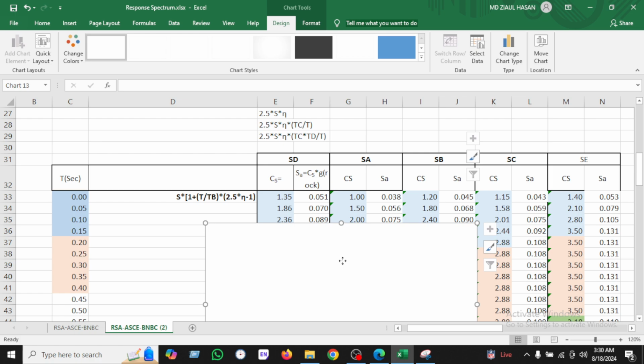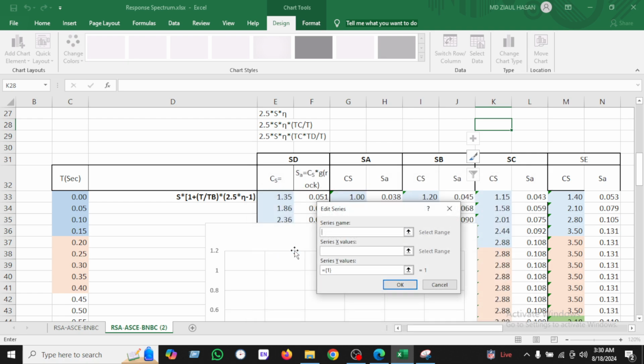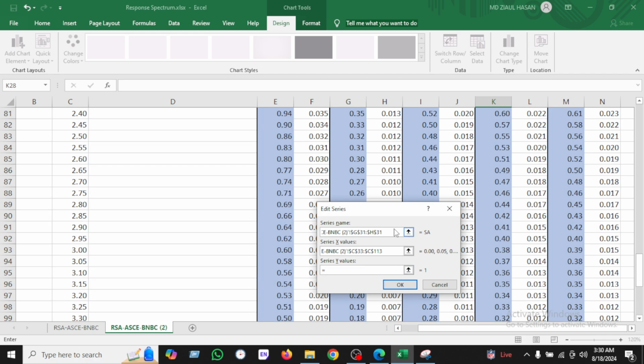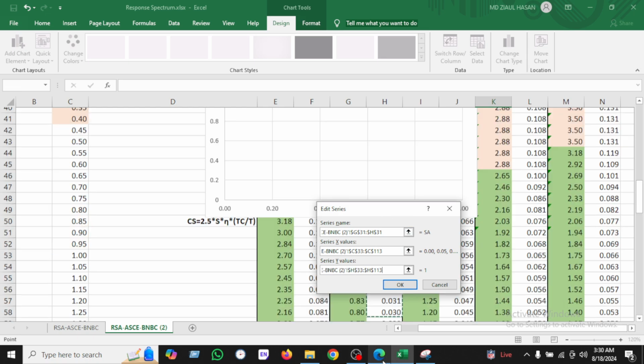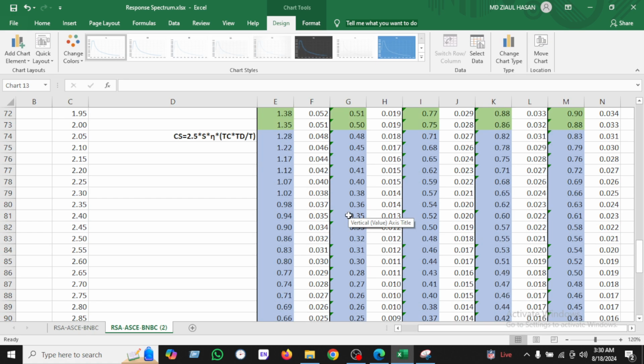I want to draw SA versus time period. Click enter and put the series name SA. The X value is time period up to 4 seconds, and Y will be SA. SA means the spectral acceleration.